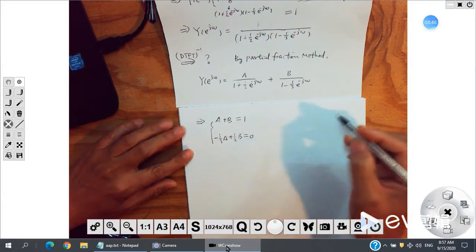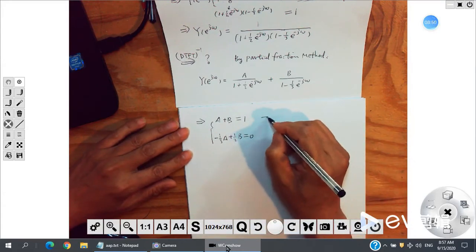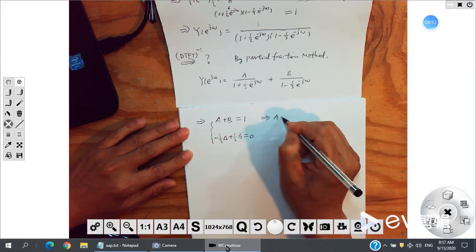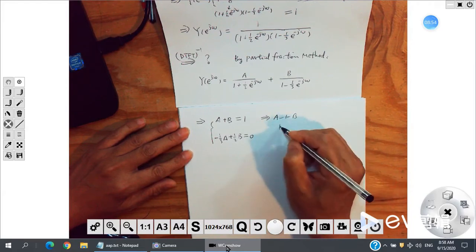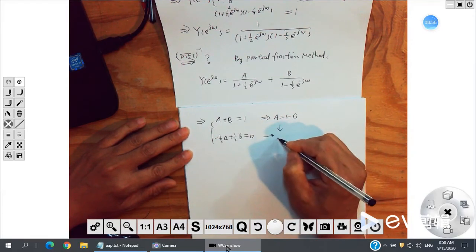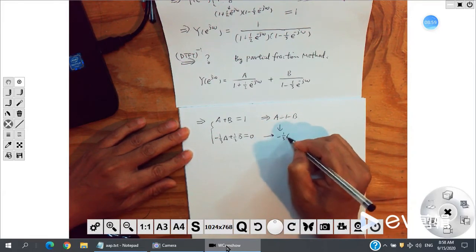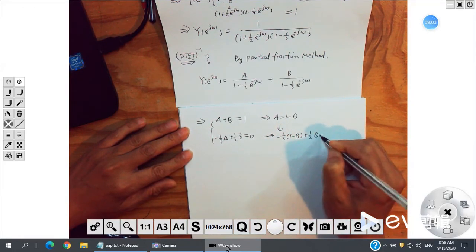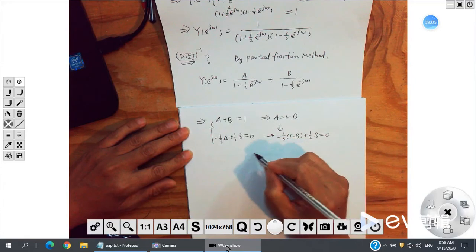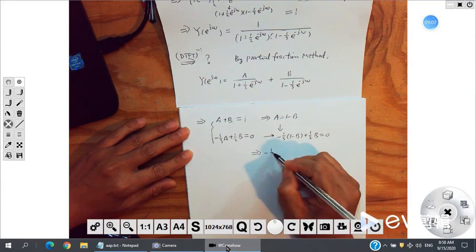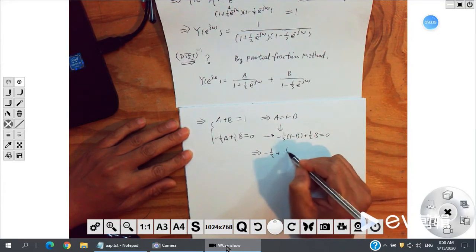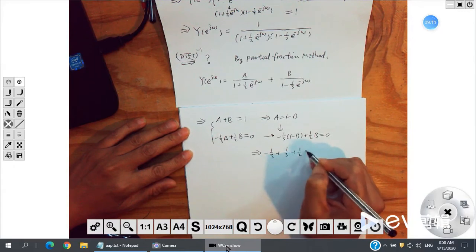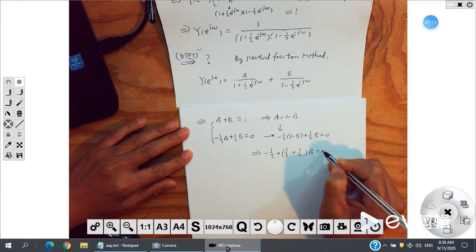Okay, now we can solve it. The first one gives us a equal to 1 minus b. Then put these two together: a is 1 minus b, and negative 1/3 a plus 1/2 b equal to 0. So we have negative 1/3 plus 1/3 b plus 1/2 b equal to 0.